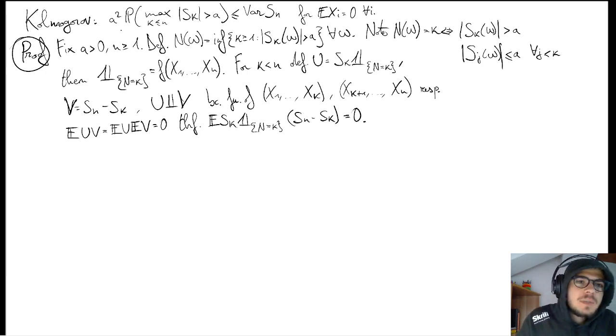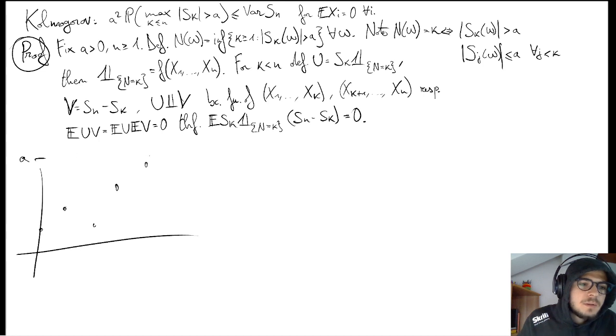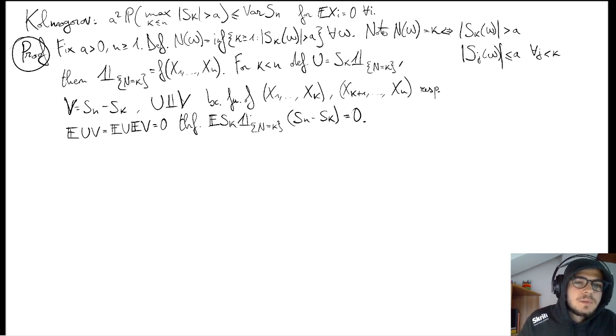Okay, this can be useful. This inequality can be useful when we consider a sum of random variables. We have some value a, and we want to know the probability that the maximum is larger than this threshold. And to do this, we consider the variance of the sum. This can be an interesting interpretation.